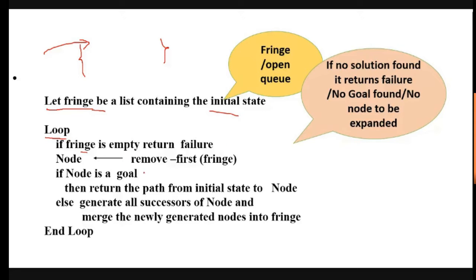But if it is filled, you go from one stage to the other. Every stage is represented by a node. Remove the first and then expand. And if it is the goal, then return the path from the initial node and give the whole path in a list. This is the meaning of the general algorithm for our problem solving, but this will be clearer when we have an example.